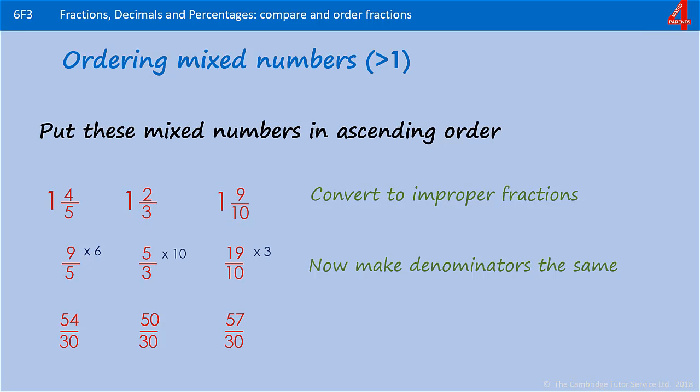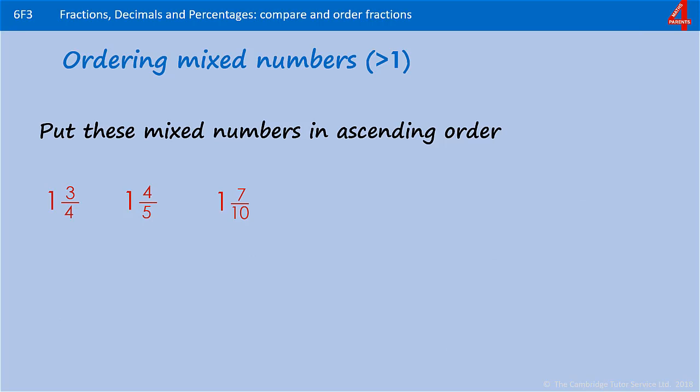Now the denominators are the same, we can see the order they come in. The smallest numerator is 50, so that's 1 2/3. The next is 54, so that's 1 4/5. And finally we have 57 over 30, which is 1 9/10.